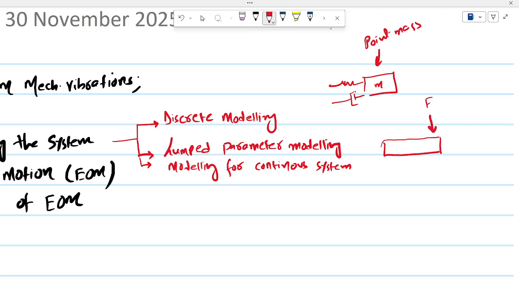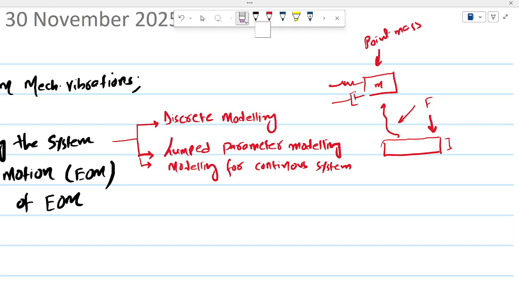Obviously that beam has some thickness. In lumped parameter modeling, we simplify this system, neglecting the height, width and breadth, into a discrete model by assuming the properties of the beam through solid mechanics.